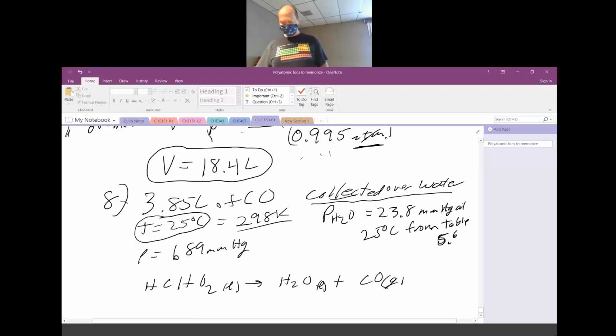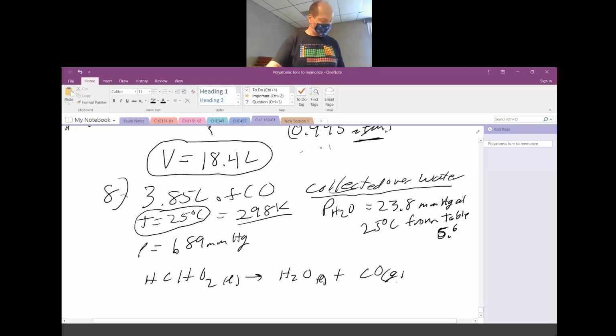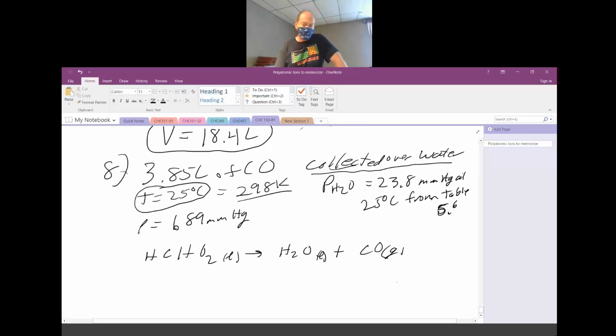So this is your balanced chemical reaction, and in this one, everything is 1-to-1. I like the last one better where there was not a 1-to-1 ratio. So how many grams of HCHO2 liquid reacted?